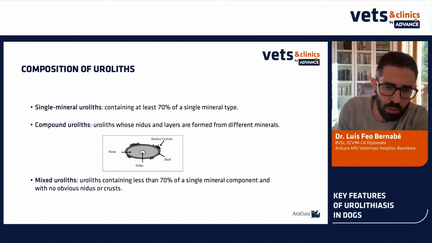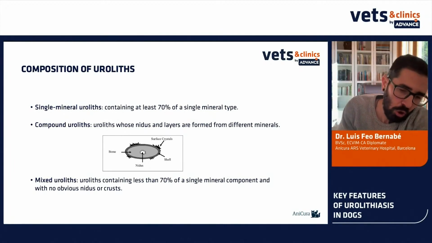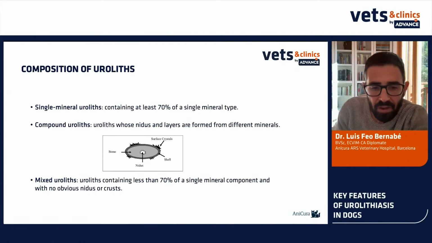However, you have to think of two other options. If you have a compound urolith, it is a urolith where the nucleus and layers are formed with different minerals, and we will talk about this a little bit later. But it's very, very important to differentiate between the nucleus, the stone, and the shell.